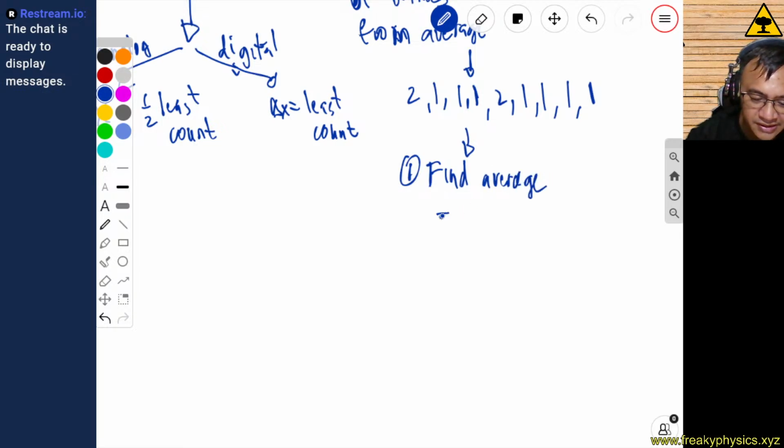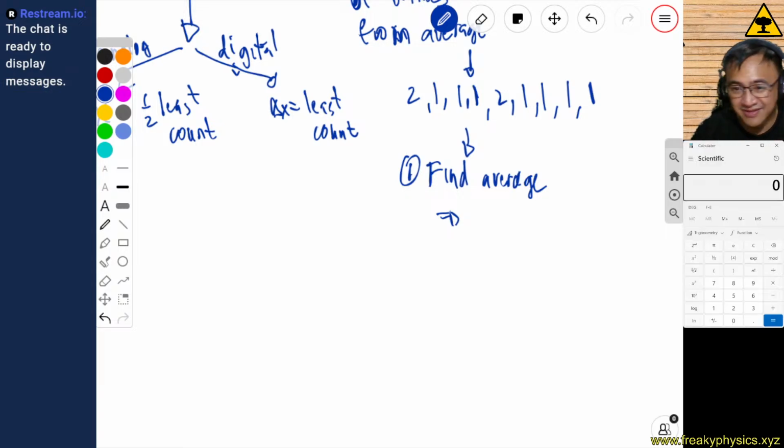In this case, the average will be 2 plus 1 plus 1 plus 1 plus 2 plus 1 plus 1 plus 1 plus 1. I'll turn on my calculator because I am feeling a bit lazy. So 2 plus 1 plus 1 plus 1 plus 2 plus 4 ones, so I'll just put 4 there. And I'm going to divide that by how many values? 1, 2, 3, 4, 5, 6, 7, 8, 9.